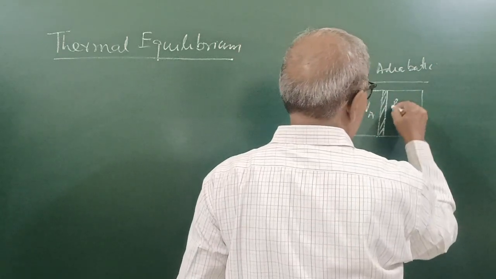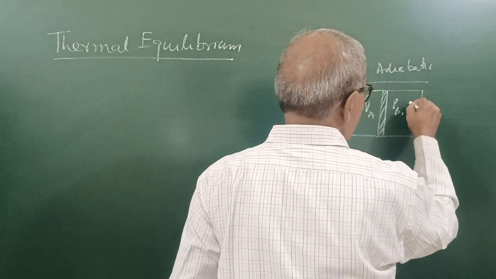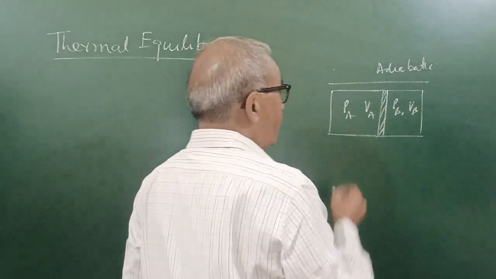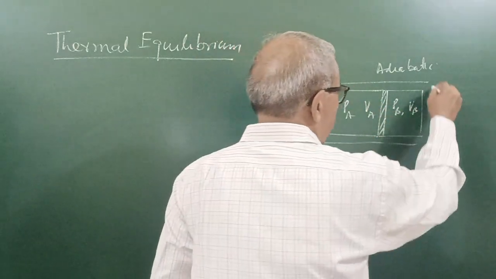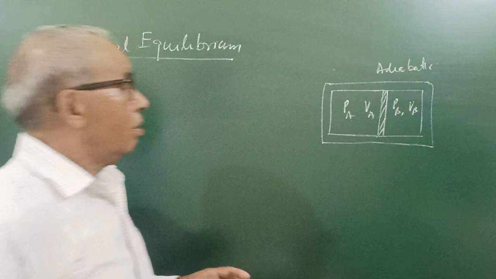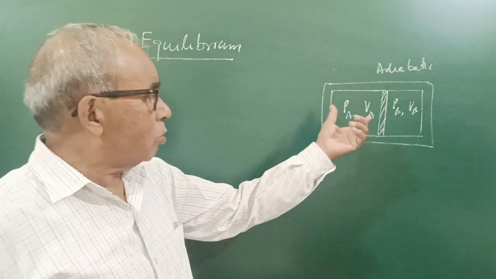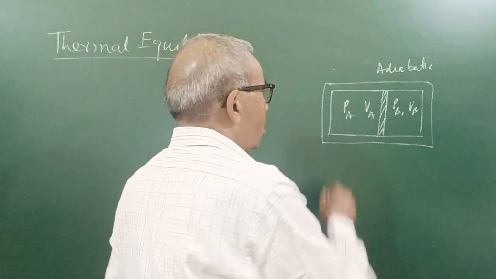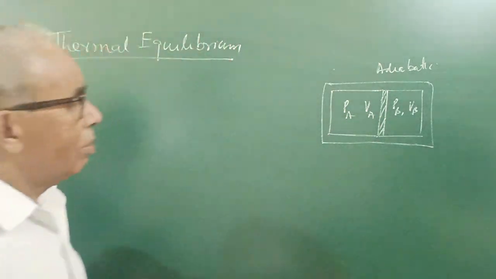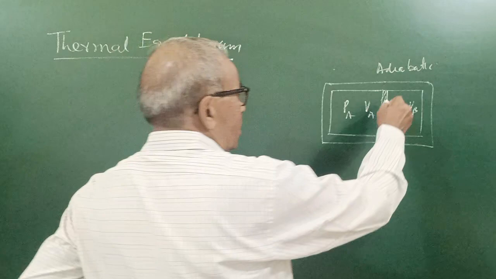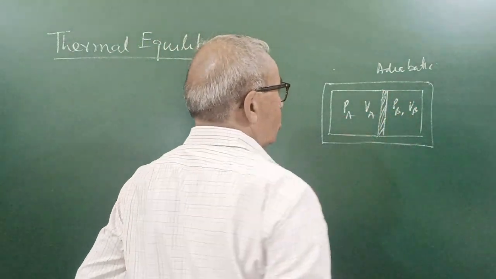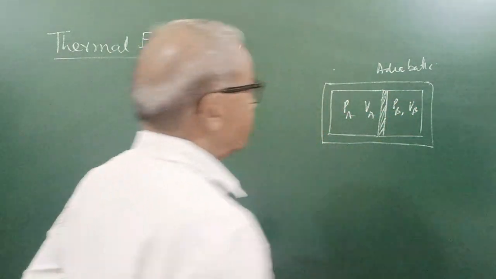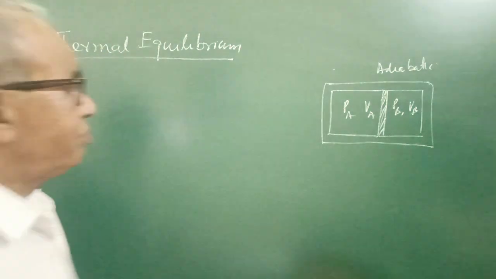These two gases have pressure and volume PA, VA, and PB, VB. If the variables of gas A and gas B do not change, then they are said to be in thermal equilibrium.